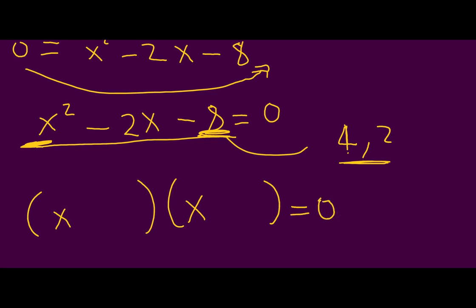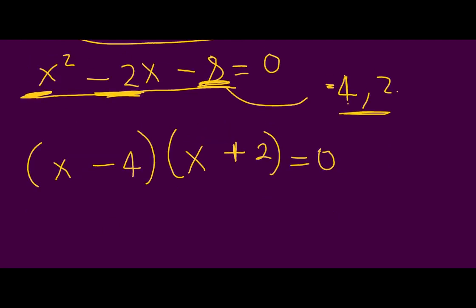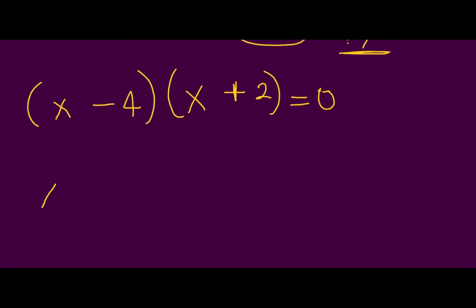So our middle term sign is negative 2, so the bigger number is going to take the negative sign, so it's going to be negative 4 and plus 2, right? Then from here we're going to solve for x, that is x minus 4 equals 0, or x plus 2 equals 0.